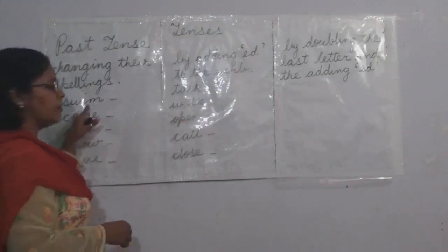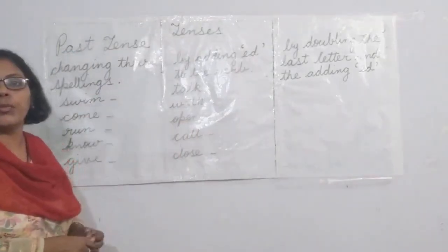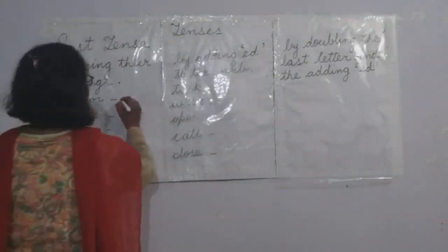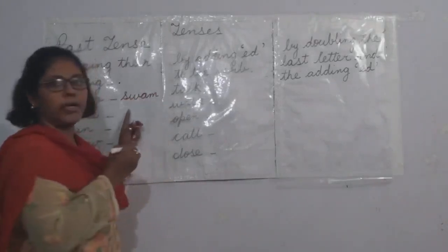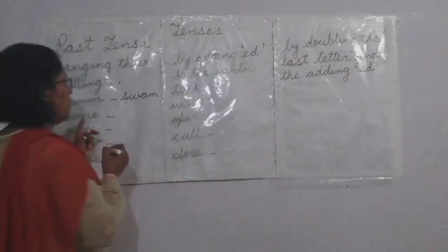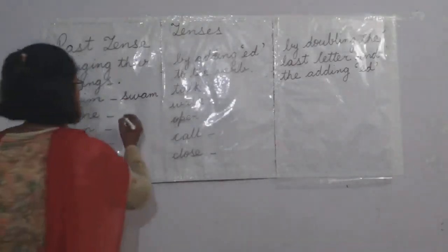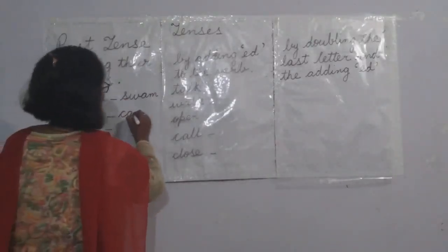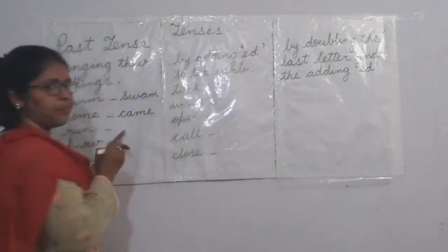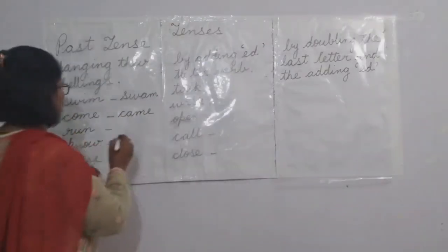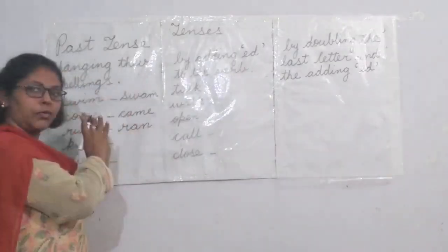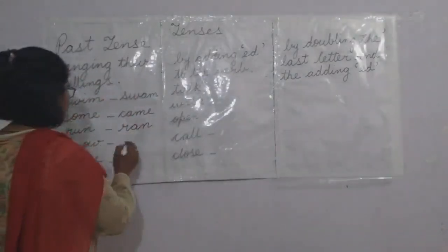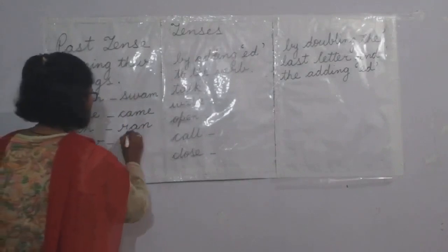So here we have swim. Swim will become swam. Next one we have here, come. It will be came. Next one, run will be ran. All in past form, past tense. We have now know, it will be knew.